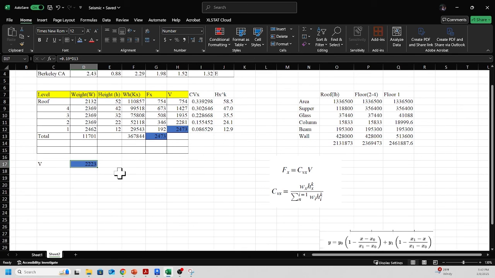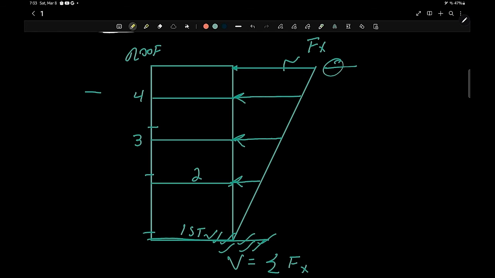Anyway, now we have this, and we're going to go ahead and draw this on our building, and then take it to the next level. Okay, so our shear force in here, that's our V, which came out as the summation of Fx, and our Excel came out to be 2473, and V is equal to 2473, which matches the summation of Fx, the same number. And up here we have a different number on each one of them, this one, this one, this one, this one, and that was from the Excel from the top to the bottom.